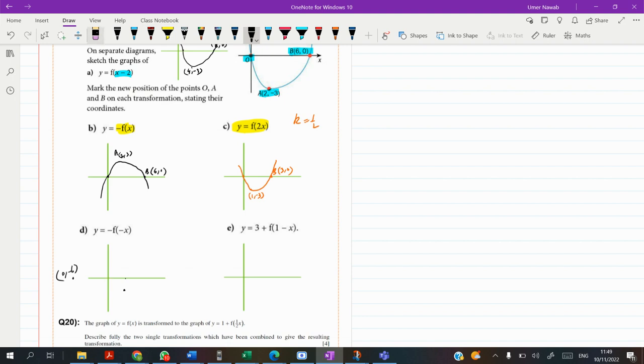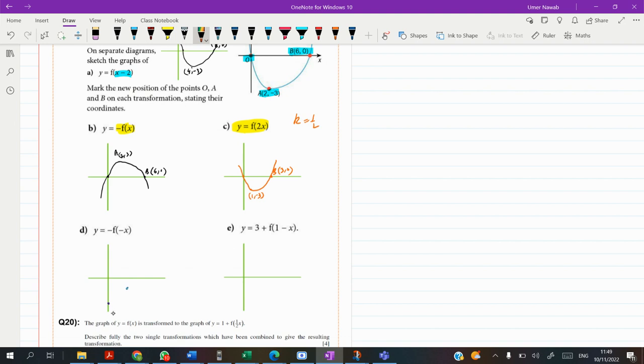So let me check again all my points. 6, 0 will become, I'm gonna change their coordinates. So 6, 0 will become 0, minus 6. So here I'm gonna write 0, minus 6. And 3, minus 2.